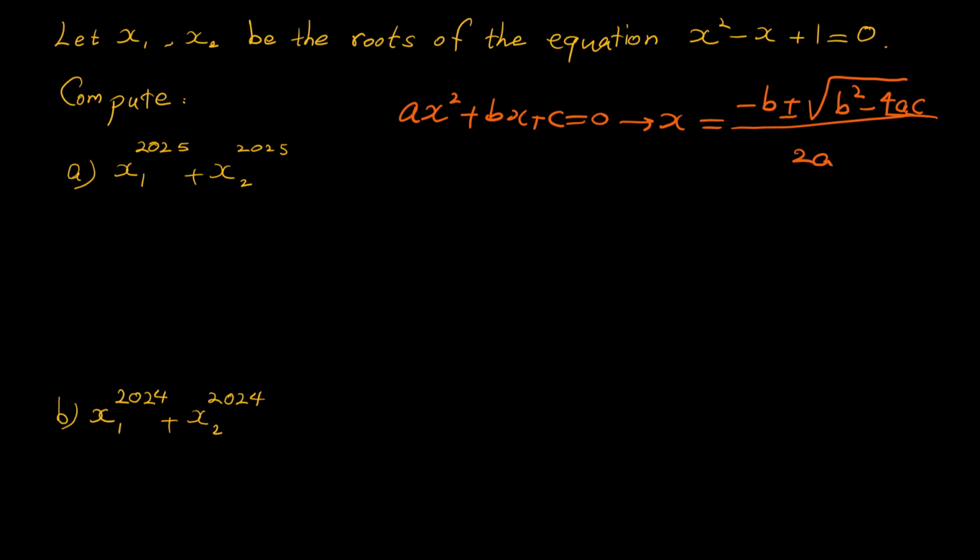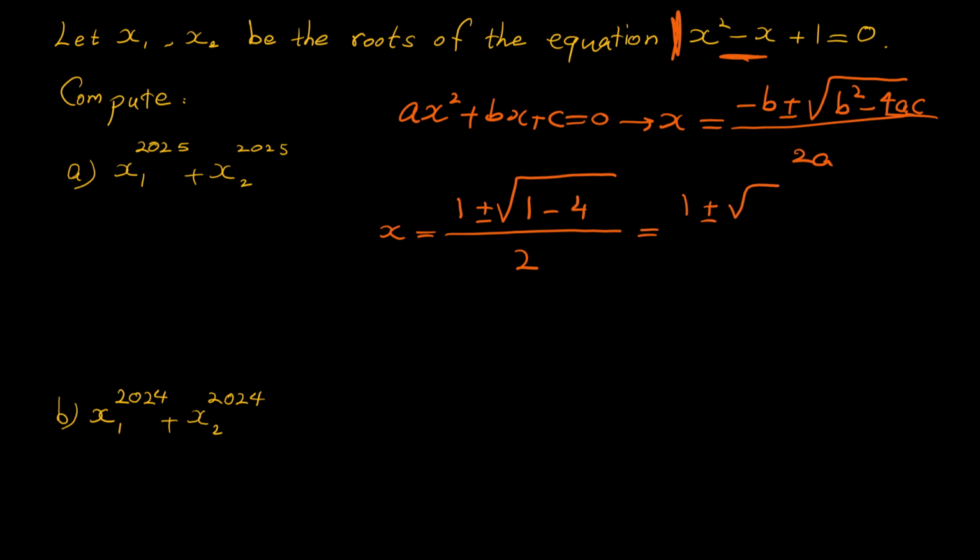Now for solving this equation, if we use this formula, x equals negative b. b is -1 here, so negative b is 1, plus minus radical b^2, which is 1, minus 4 times a, which is 1, times c, which is 1. 4 times 1 times 1 is 4, so minus 4, all over 2 times a, which is 2. This equals 1 plus minus radical -3 over 2.